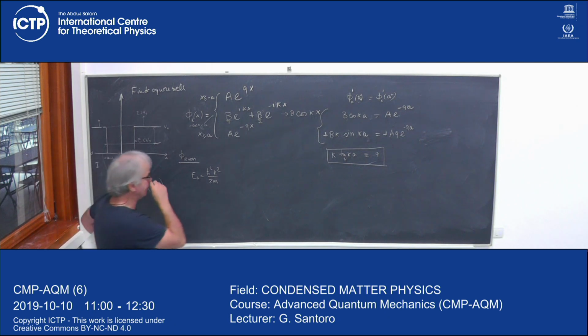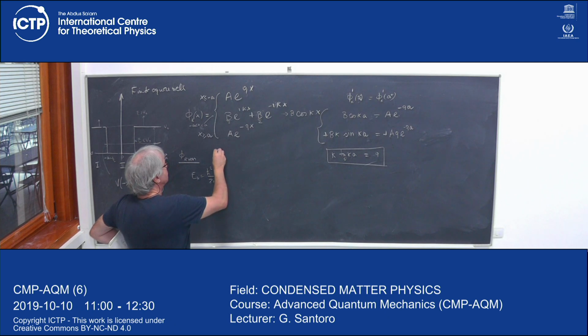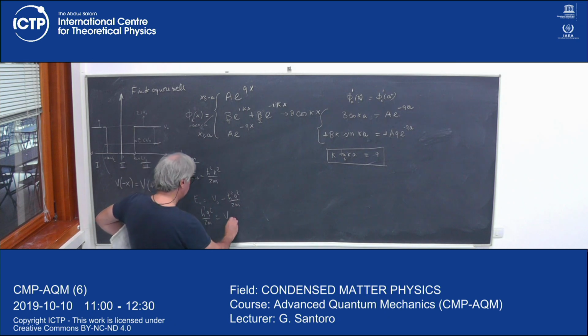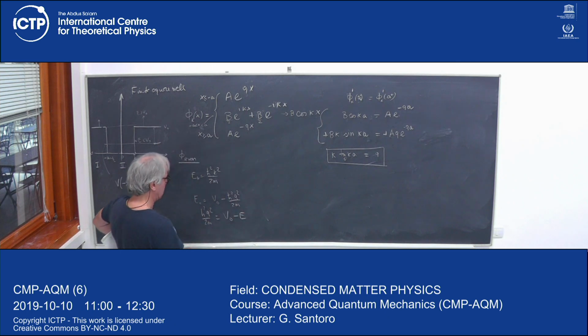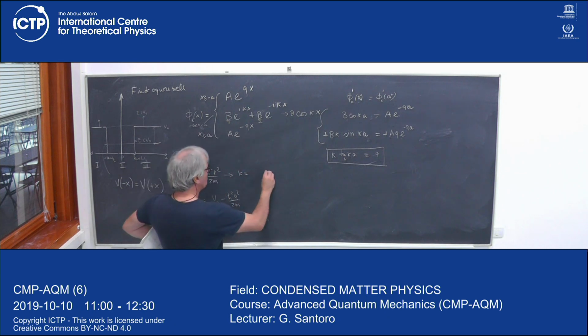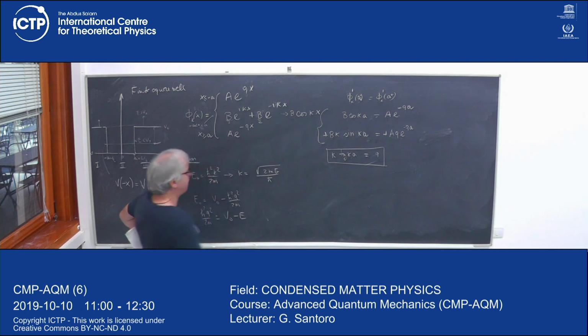Well, we can calculate, right? So the energy is equal to V0 minus h bar squared q squared over 2m, okay? So h bar squared q squared over 2m is equal to V0 minus E, which is positive. So in other words, k is equal to the square root of 2mE divided by h bar, right?